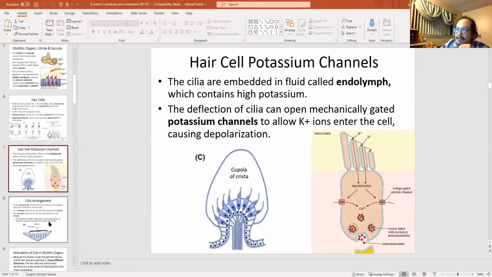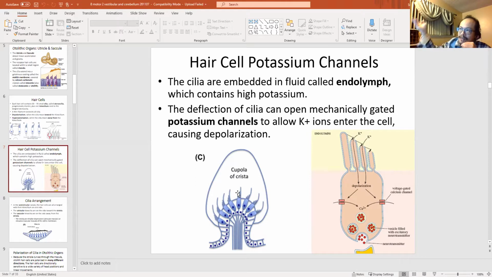All right, so as I mentioned earlier, these hair cells are arranged in a way that all these kinocilia are located on the same side across the entire field. So you can see that this is a cupula of the crista. This is part of the semicircular ducts. And these hair cells are basically all on one end.